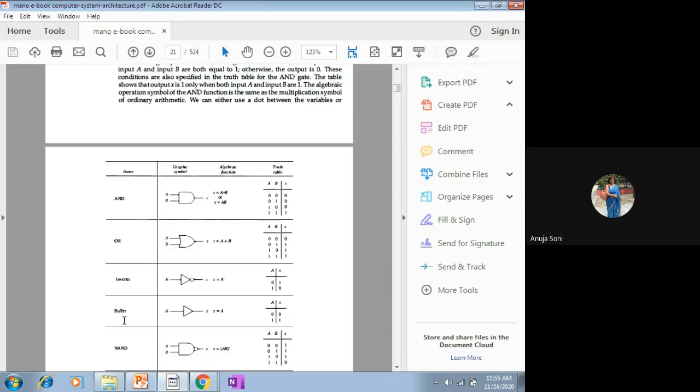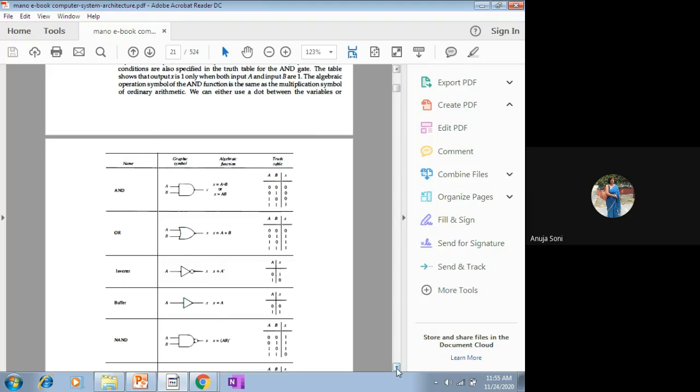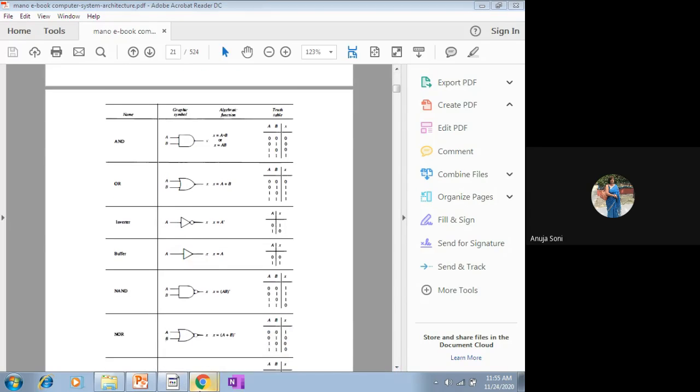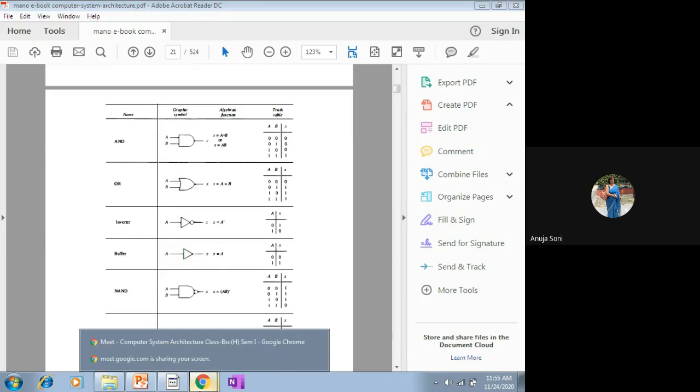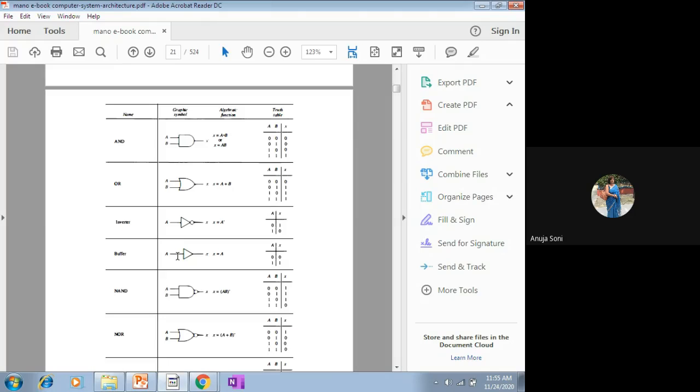Now we come to the buffer. Buffer is whatever input value is inputted, the same value is generated as the output value. And what will be its corresponding Boolean expression? It will be x equal to a. And what will be its truth table value?